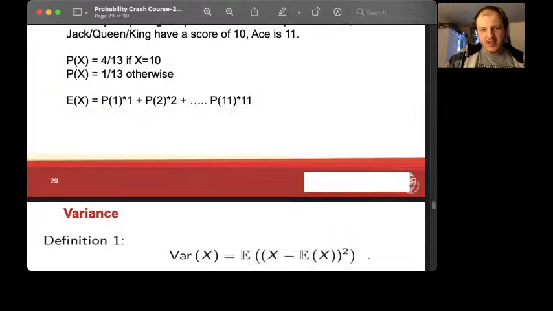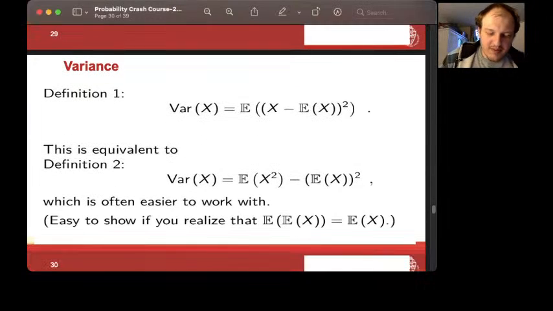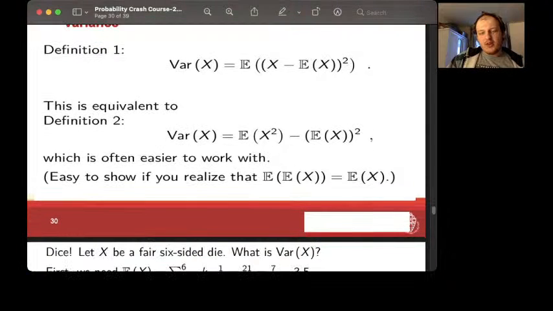So you have some kind of probability function, and you need to compute its expectancy and its variance. So variance is a bit more involved, but you use the definition of expectancy to compute the variance. And again, you can use these formulas in your cheat sheet, so you don't have to remember them.